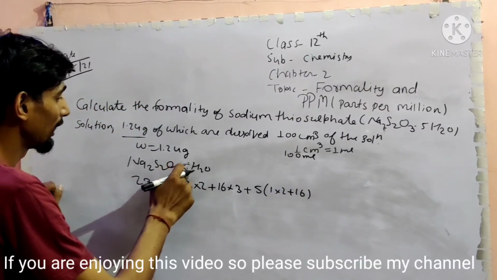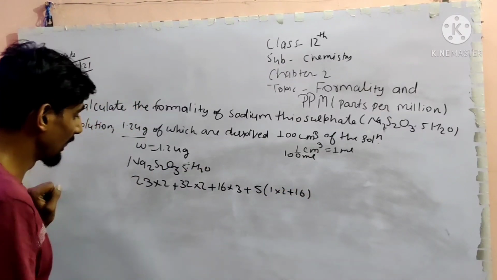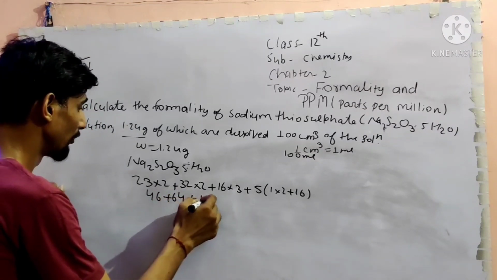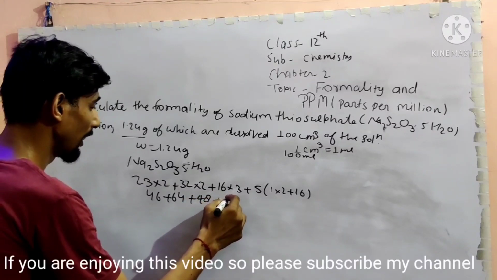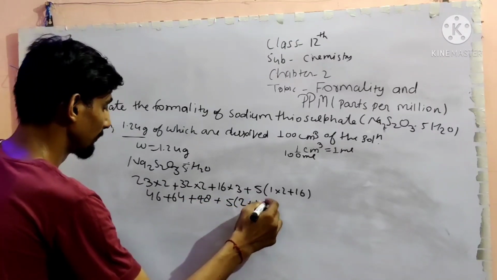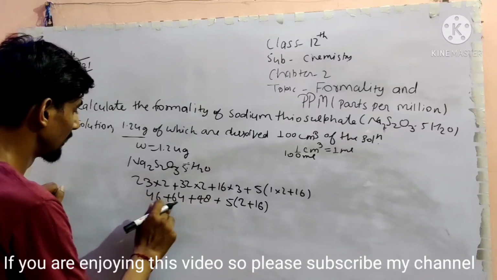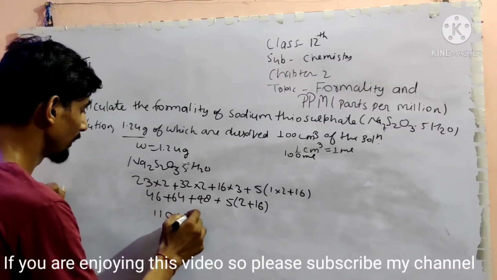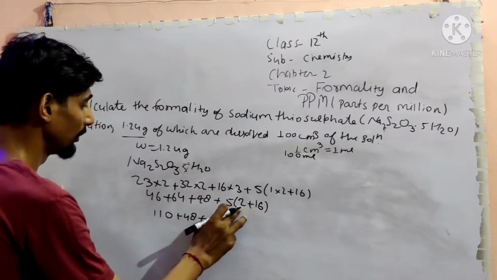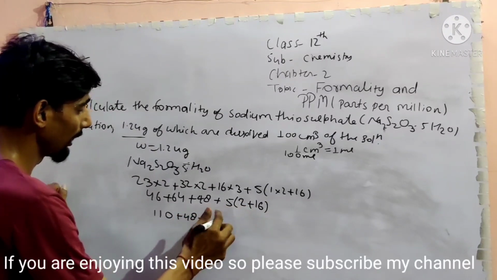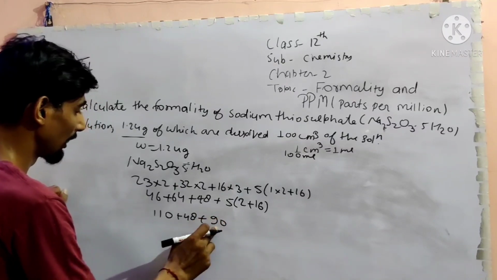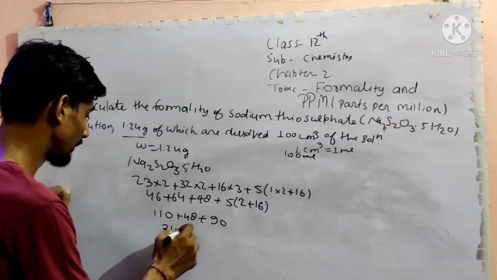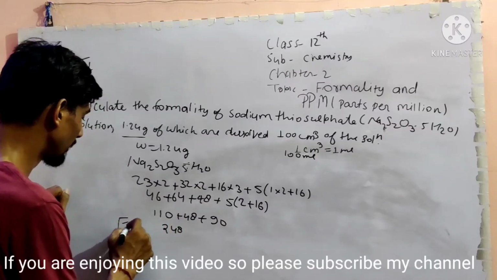What is written after the dot is put in brackets, water is calculated separately. This 46 plus 64 plus 48 plus 5 into 18, which is 90, and 90 plus 100 is 200, 200 plus 48 gives 248. So this is the formula unit mass.